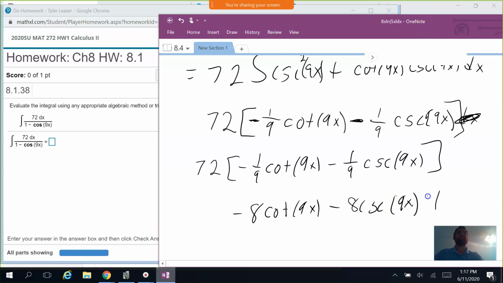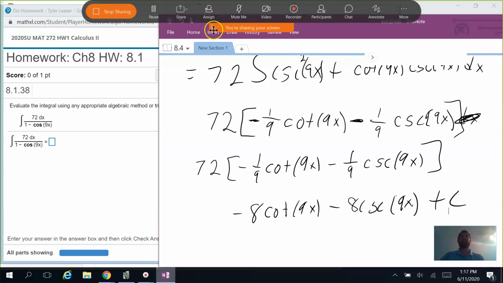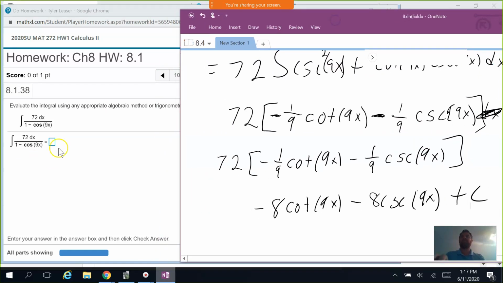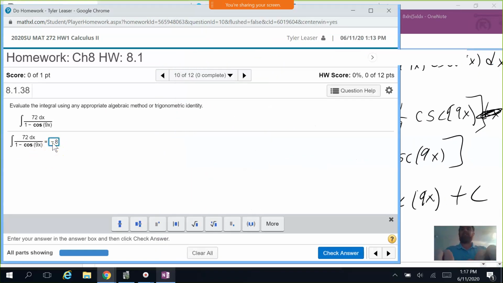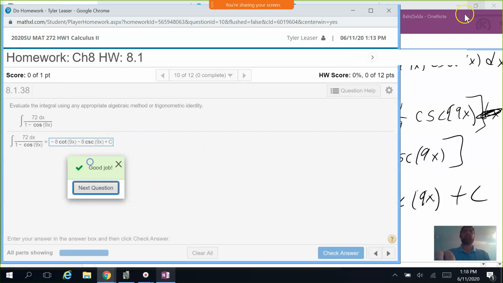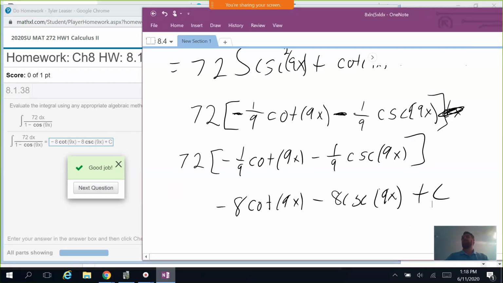And we get that, plus C. Don't forget your plus C. So just to write it in to make sure it's right: negative 8 cotangent 9x minus 8 cosecant 9x plus C. I think the biggest mistake I always see people make is they forget to pull the 1/9 out whenever you do the antiderivative. It's kind of the opposite of a chain rule.